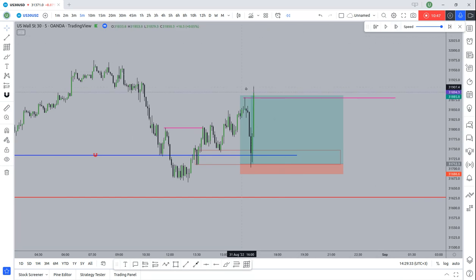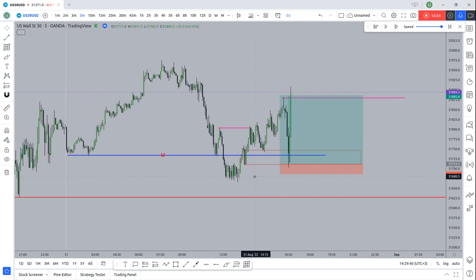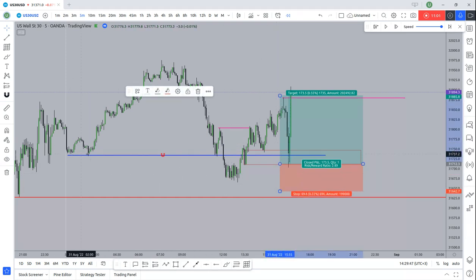Price takes out this liquidity, and my stop loss was here. Why was my stop loss here instead of here? Because this low was taken out.